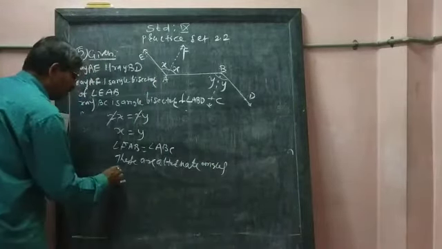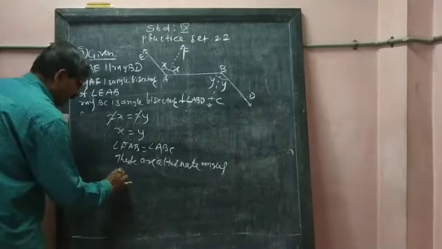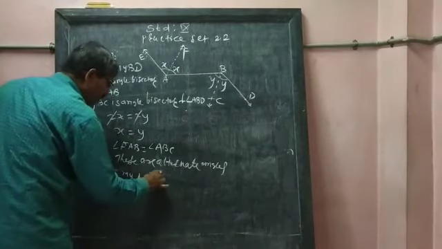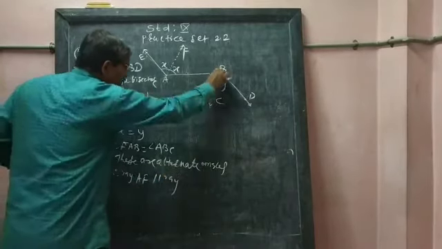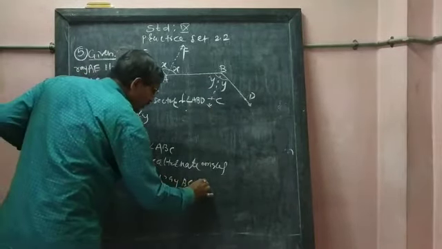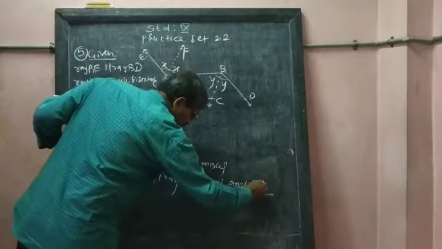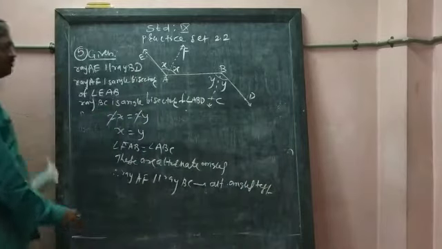And therefore ray AF is parallel to ray BC. What is the reason? Alternate angles test. Okay, it was so simple.